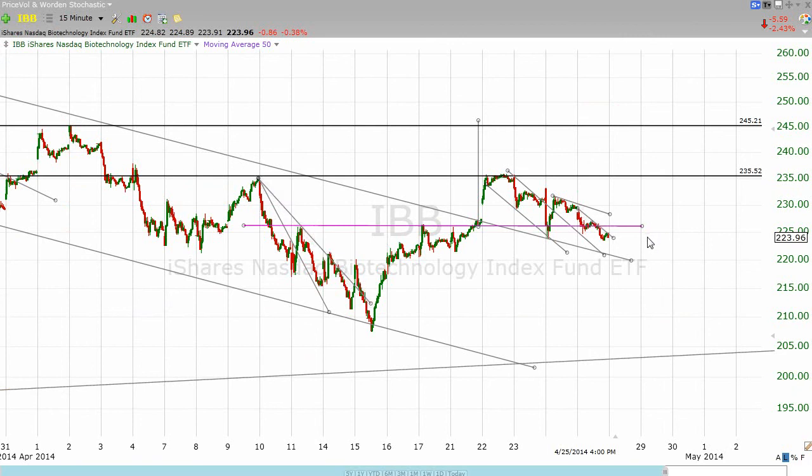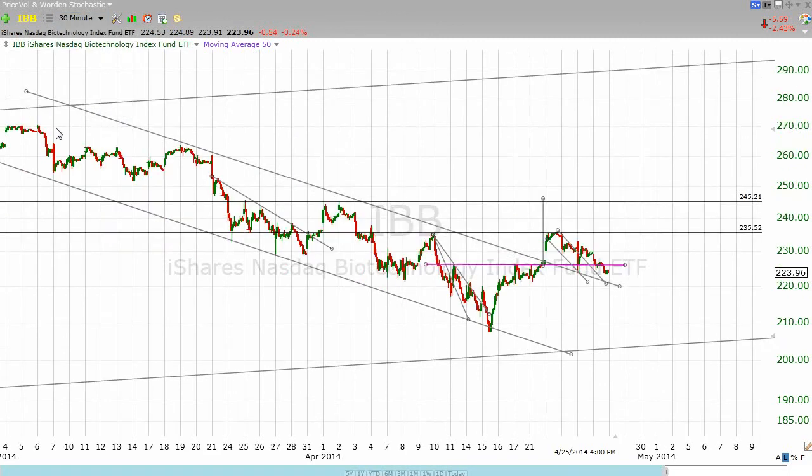Even though we're a little bit underneath this neckline, we have an inverted head and shoulders pattern. We have a potentially larger inverted head and shoulders pattern. And then if we zoom out a little more, we have a potentially even larger inverted head and shoulders pattern.